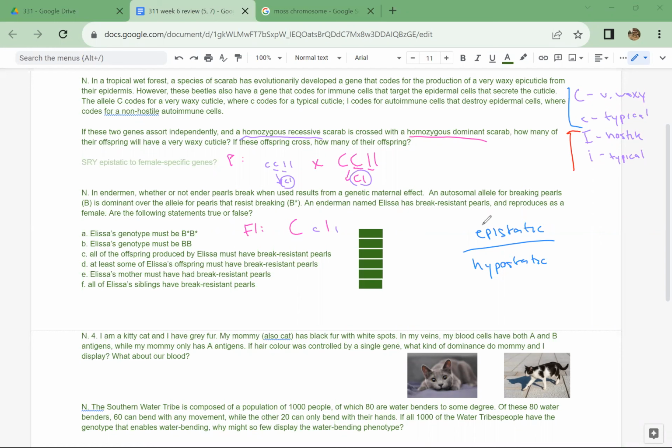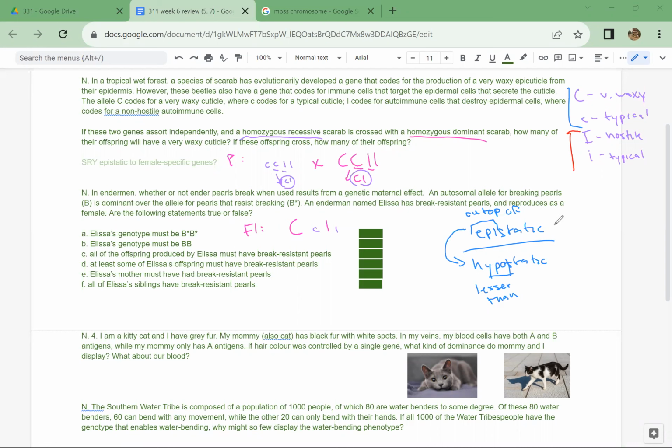So once again, looking at these words, we know epi means on top of, and hypo means lesser than or below. Like if you're hypothermic, you are below the thermic amount, the temperature that your body needs to survive sustainably. So we have an epistatic gene and a hypostatic gene, and the epistatic gene sits on top of, or controls, the hypostatic gene.